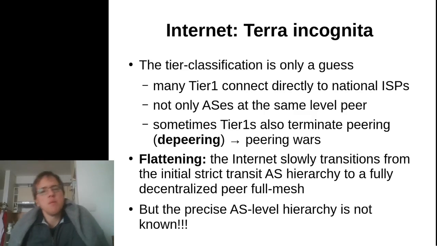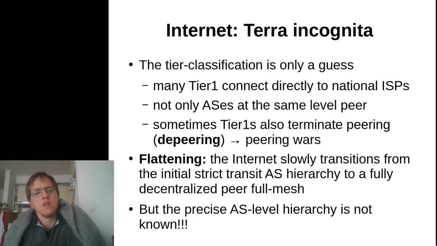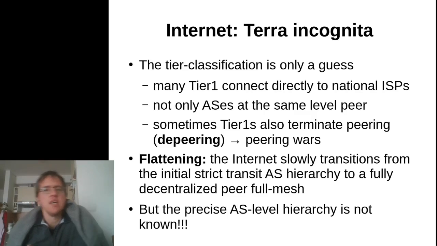The second problem: it's not just that we don't know the business relationships, we don't even know whether there is a physical link between two ASs or not. So even the highest-level topology is something which we do not know. The tier classification itself is only a guess.